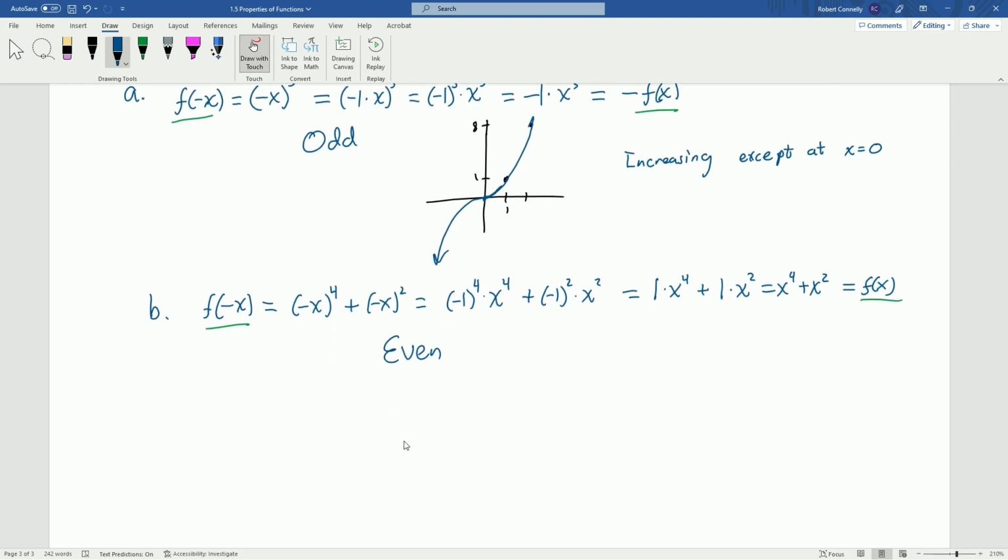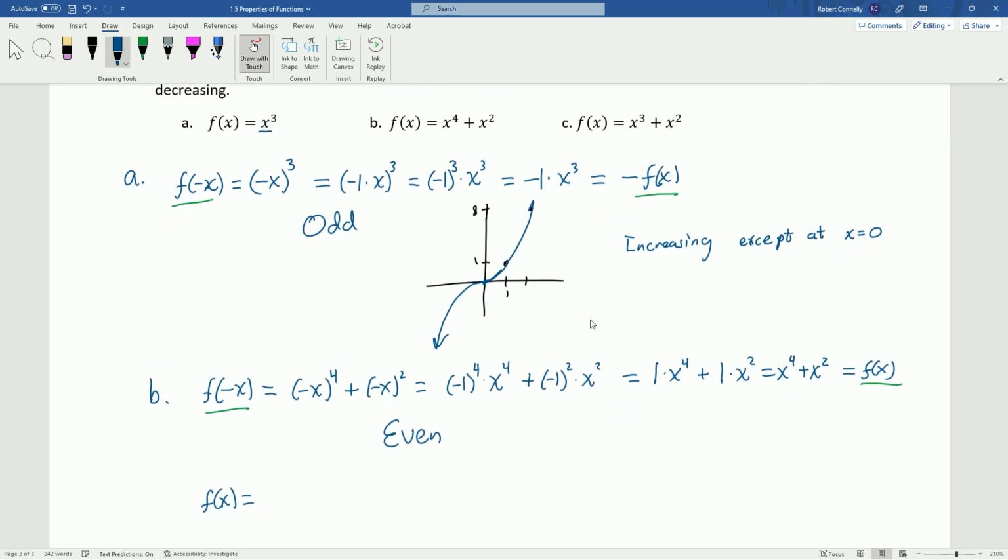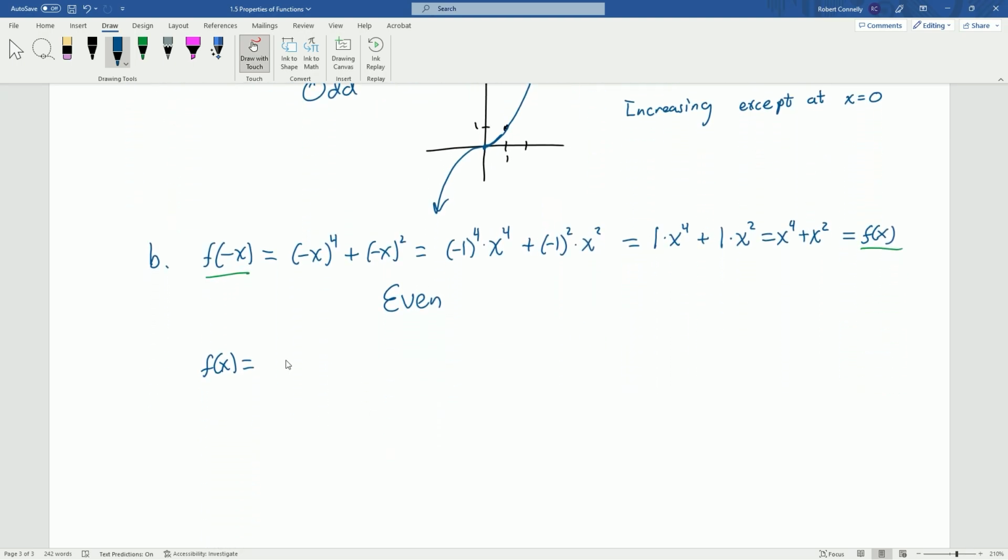Now, as for determining if a function is increasing or decreasing, this one is a little bit trickier. So we may not quite be able to work this one out, and that's okay. Really, I just wanted to throw that in for some of these. But let's just see what happens here. So this is even. So if I have x to the 4th plus x squared, what do we know?